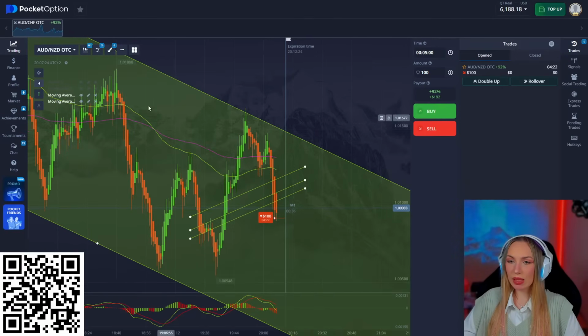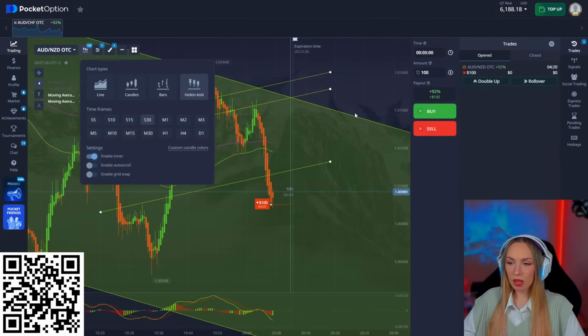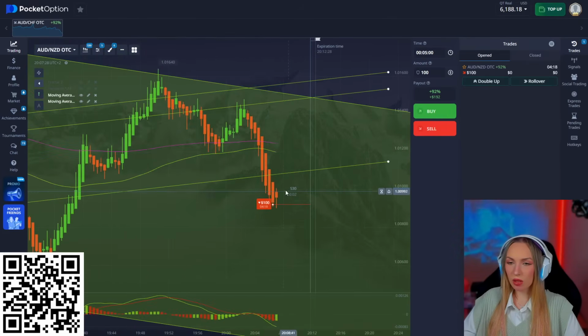The price went a little bit up. So the truth, today the chart on Pocket Option is moving weird for me. I don't know whether they updated the website, whether there is something wrong.